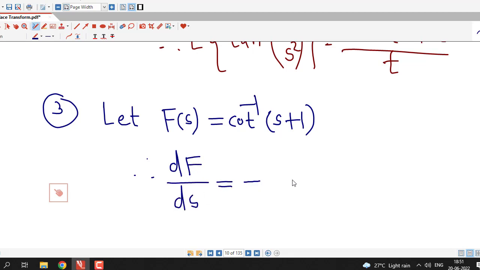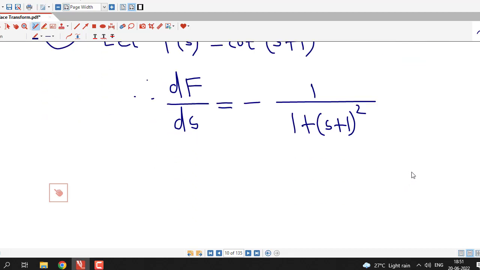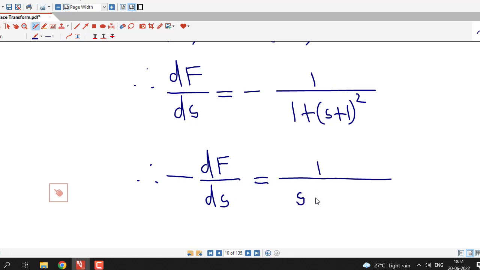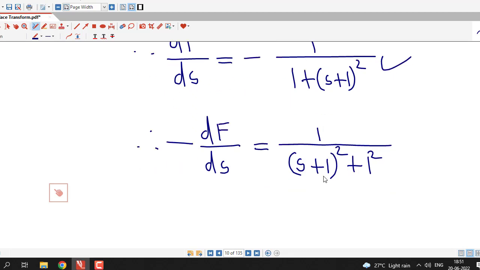It is minus 1 divided by the square of s plus 1, plus 1, and the derivative of s plus 1, which is 1. So therefore we have minus df by ds equal to 1 divided by the square of s plus 1 plus 1 square. Okay, I have rewritten this in this way.